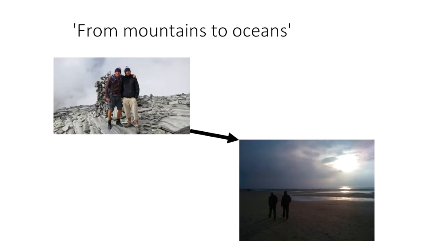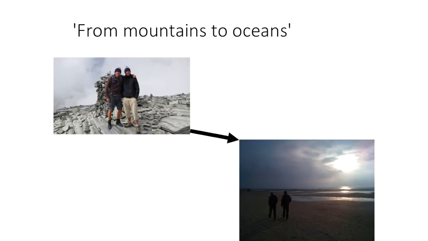And one of the interesting titles of the chapters of our second grade book was called From Mountains to Oceans. And From Mountains to Oceans is a chapter completely built around landscapes and processes that form them.